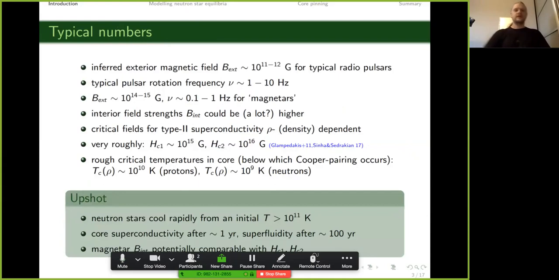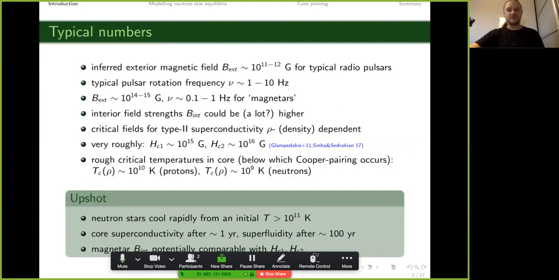Just again, to orientate those of us who don't work every day on neutron stars, there are some typical numbers here. A typical inferred exterior magnetic field for a radio pulsar, the standard way we observe neutron stars, is about 10 to the 11, 10 to the 12 Gauss.